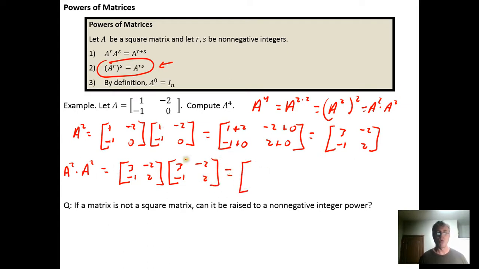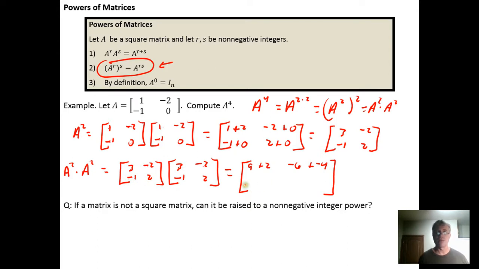So we get row 1, column 1, 3 times 3 is 9, plus negative 2 times negative 1 is 2. Row 1, column 2, 3 times negative 2 is negative 6, plus negative 2 times 2 is negative 4. And then to get the row 2, column 1 entry, we get the dot product of the row vector with the column vector.